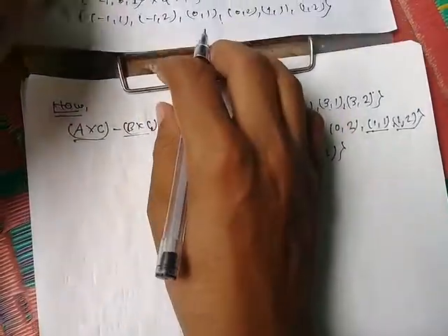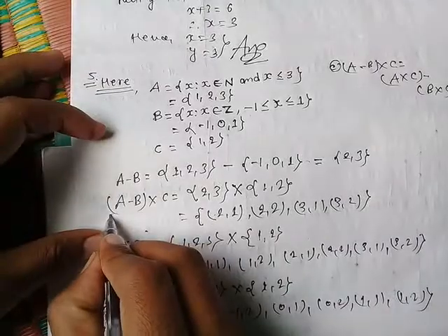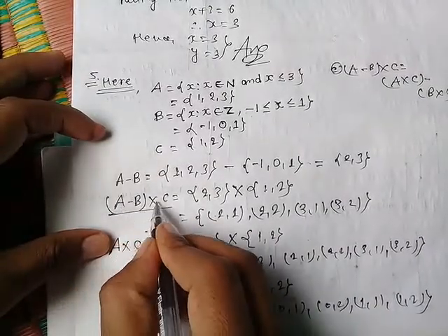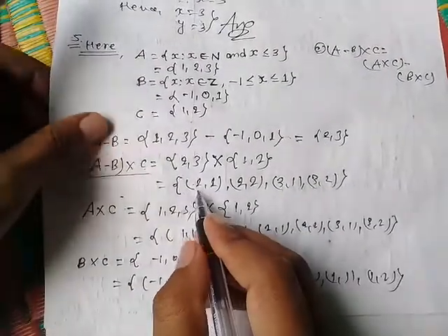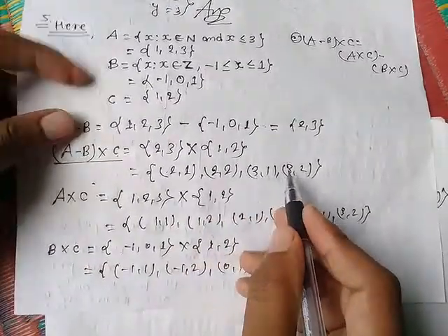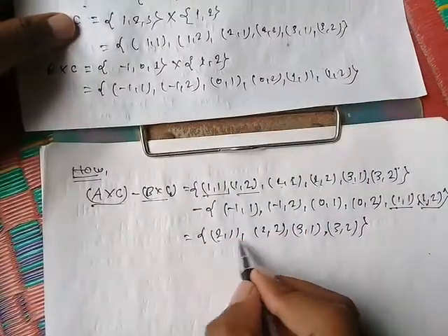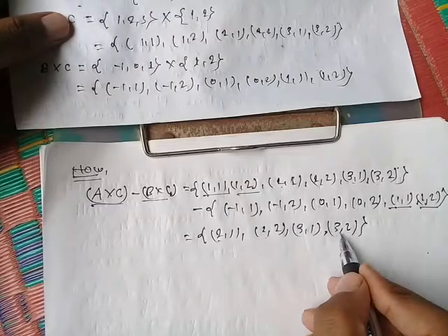Now compare these two. (A minus B) Cartesian product C is also (2,1), (2,2), (3,1), (3,2), and this is also (2,1), (2,2), (3,1), (3,2).